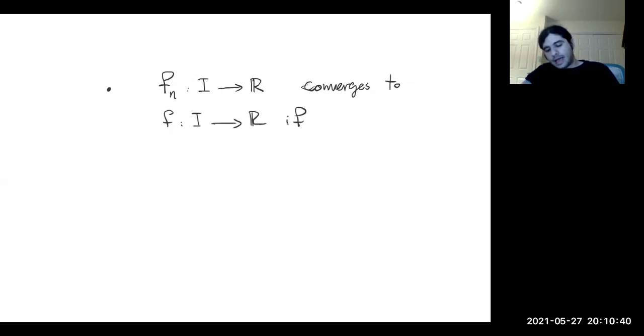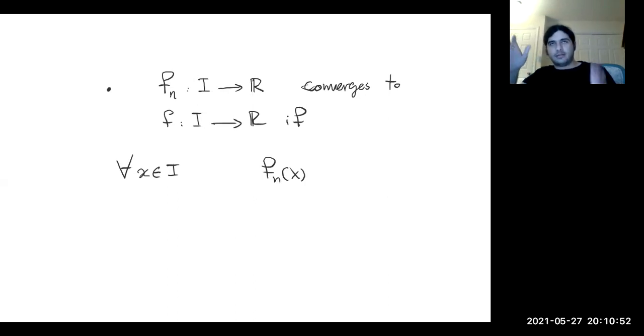But we would say a sequence of functions Fn, suppose all of them are defined from some interval to R, converges to f, and let's say f is also defined on the same interval, if for any point x in the interval, if I look at Fn of that point, now this is going to be a sequence of points, right?